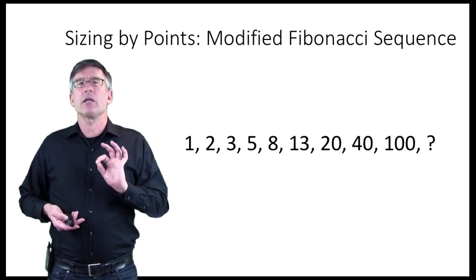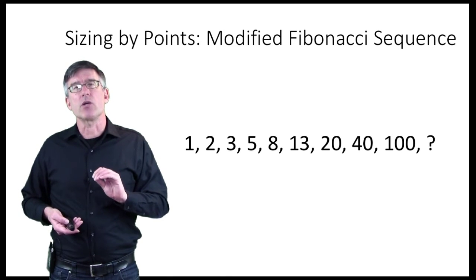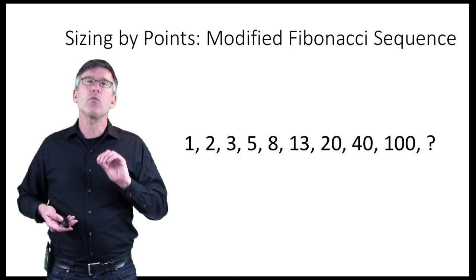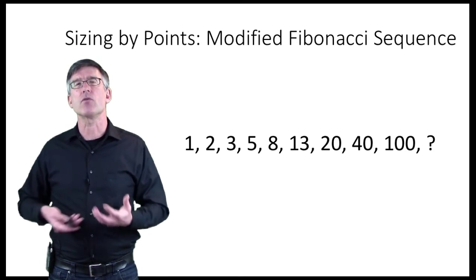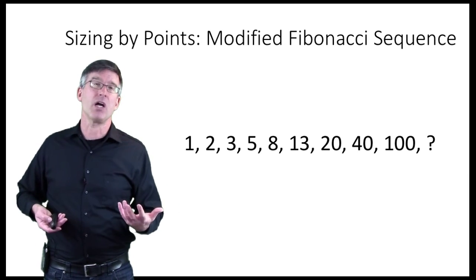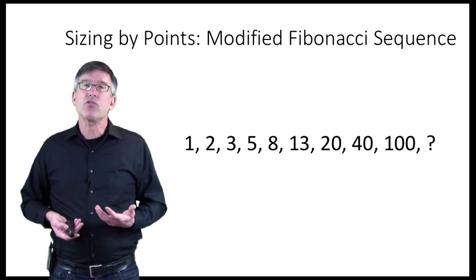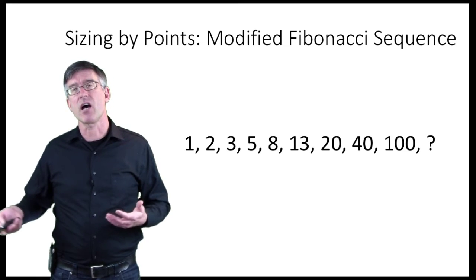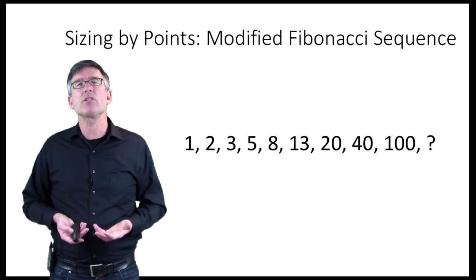What's key here is the reason we use the Fibonacci sequence: it has a nice progression. There's clearly a difference between 1 and 2, 2 and 3, 3 and 5. You can see that, yes, a 5-point story is clearly much larger than a 3, but much smaller than an 8. Some people have tried to use linear sequences like 1, 2, 3, 4, 5, 6, 7, 8, 9. At the early part, 1, 2, 3, 4, 5, yeah, there's a significant difference.